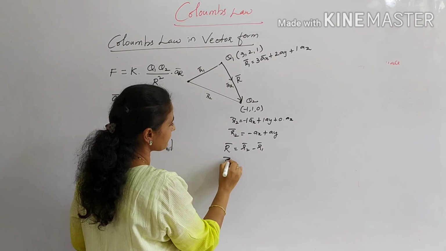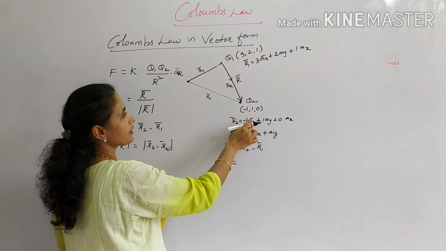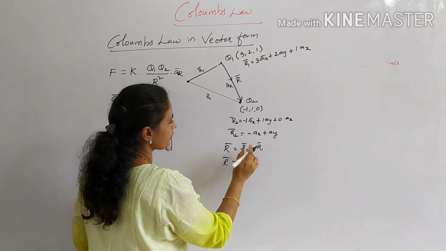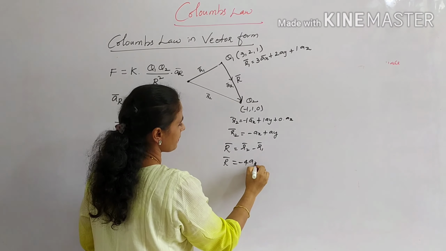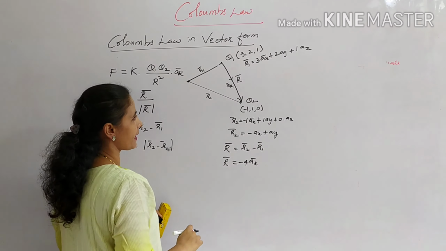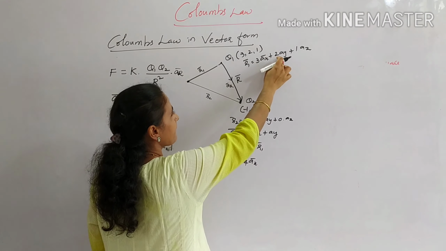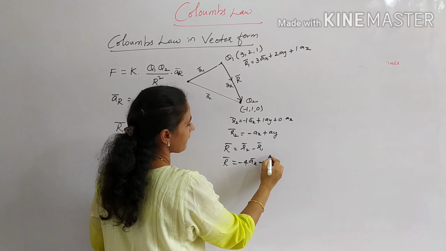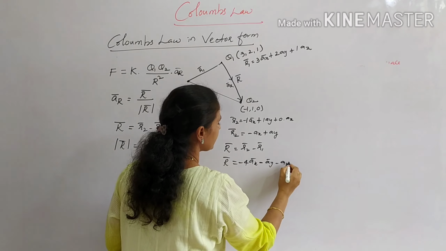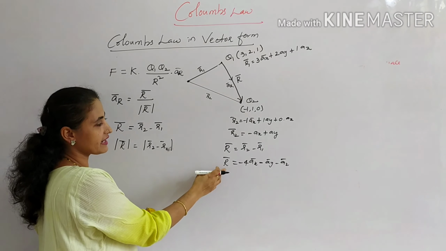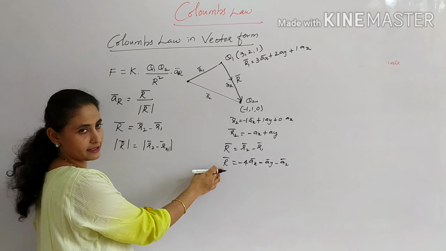So it is 1 minus (-3)... it is 4ax minus 1 ax, which is 3ax, minus 4ax. Ay minus 2ay is minus ay. And here the az term is 0 minus az, it is az. So in this way we can find the value of r bar, right?